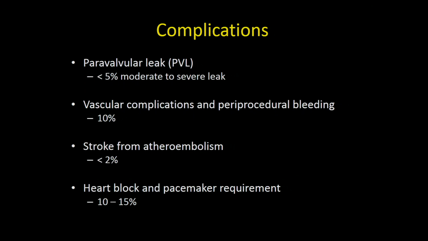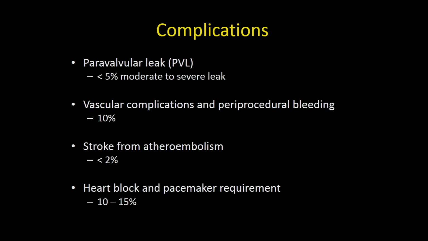Another complication that is feared is a vascular access complication. So back in the day when the delivery systems were the size of my thumb, and we didn't do as good a job of looking to see are the iliacs and the femorals adequate size to deliver this, there are literally cases of people putting the sheath in and then they couldn't take it out. They would go to take it out and the iliac artery would be on the delivery system, which obviously is not good.